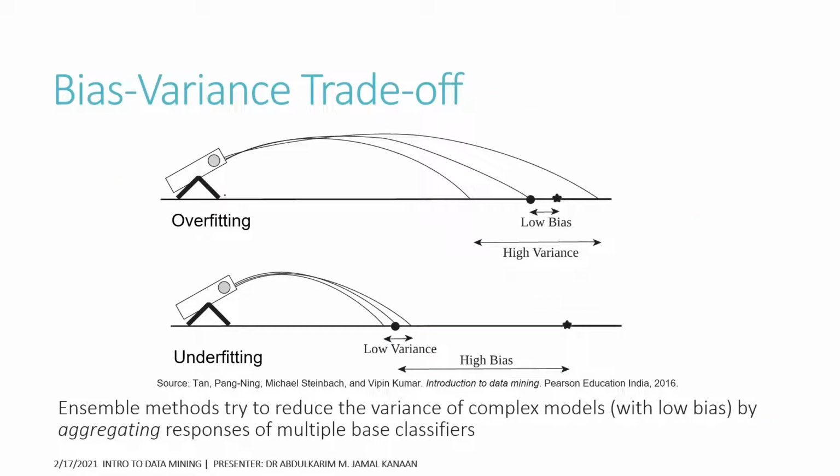Now, how do we put these in perspective when we talk about overfitting and underfitting? Remember, overfitting is a case where the model memorizes everything. It doesn't actually capture the trend, but tries to memorize the training data.